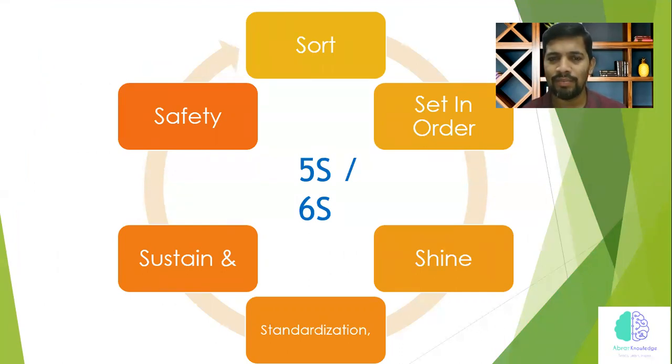This is the 6S full background. It starts from sort and ends with sustain or safety. In the upcoming slides, each S has a dedicated slide where you will learn much more.